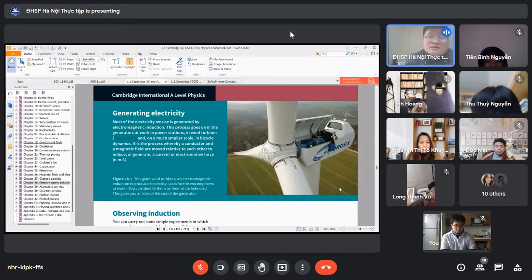And here is the technology. It's a wind turbine. But what is the physics inside? Things like that. And the whole chapter is to explore what is inside of the wind turbine, for example. What is the physics behind it, what we learn from that, and how can we make use of such knowledge?